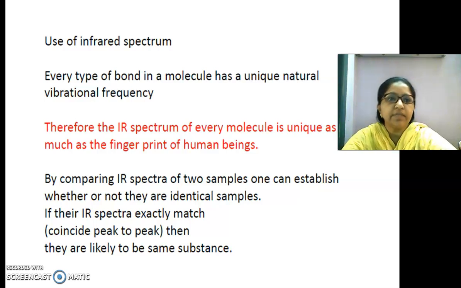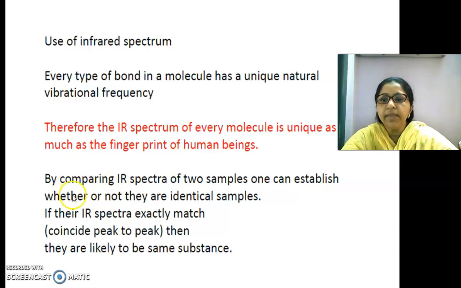The rest may be similar, but the part we call the fingerprint region, mostly on the lower energy side, will be unique and will have no similarity with that of a molecule which looks very similar but is different.